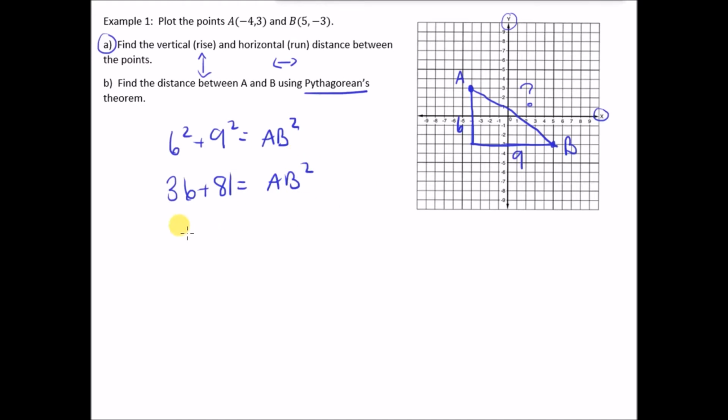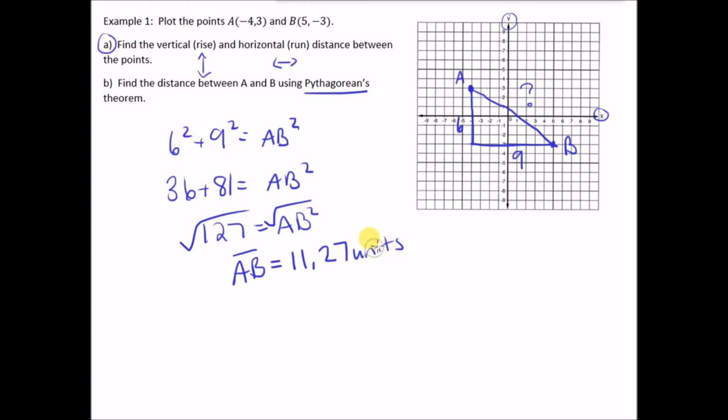I get 127 equals AB squared. We root both sides, and we can say the line segment AB equals square root of 127 units.